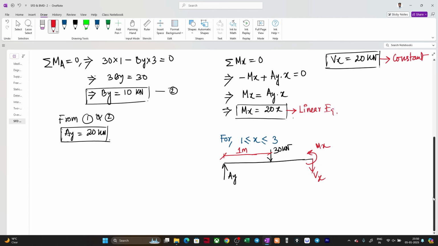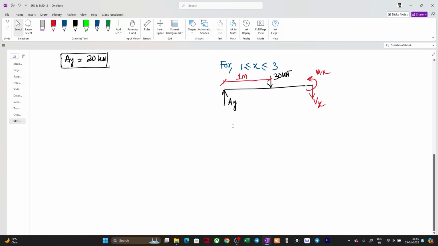So from here, if I try to find the shear force and bending moment, I would say summation of Fy equal to 0, which implies Ay minus 30, the load, minus Vx equal to 0.